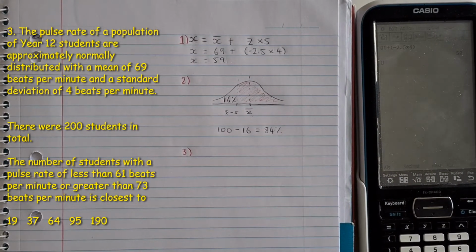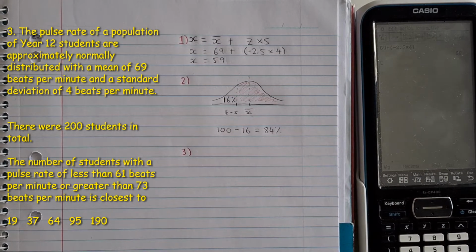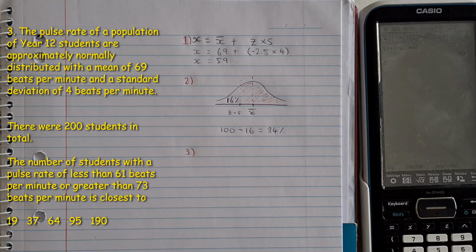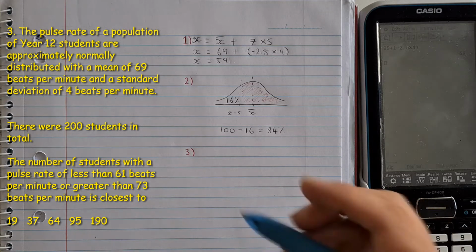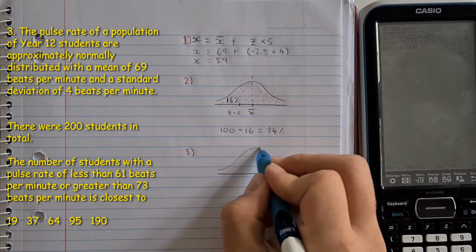Next question again uses the same data. There were 200 students in total. The number of students with a pulse rate of less than 61 beats per minute or greater than 73 beats per minute is closest to what? So if we look at this graphically, again, let's draw our bell curve.